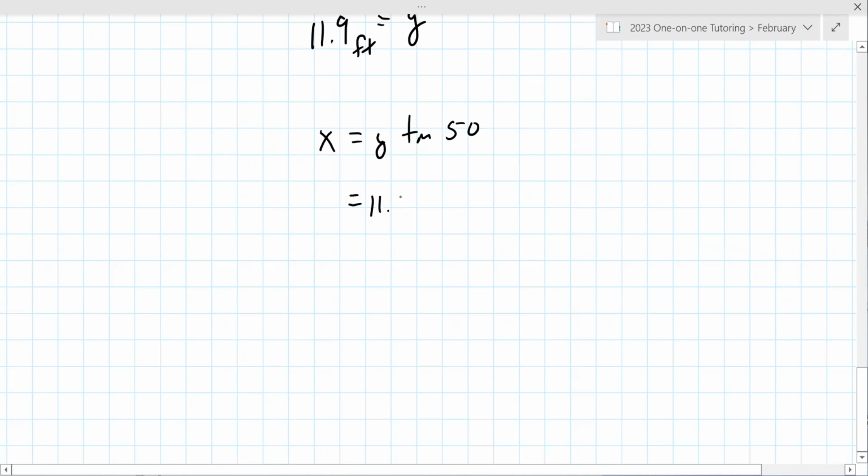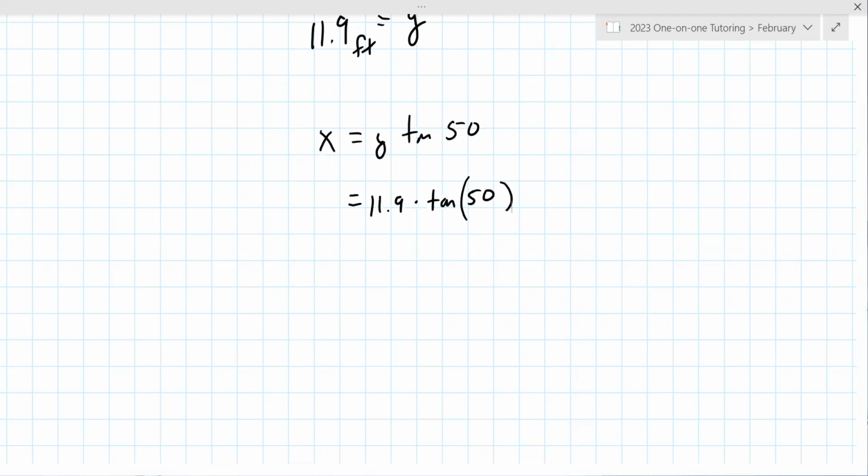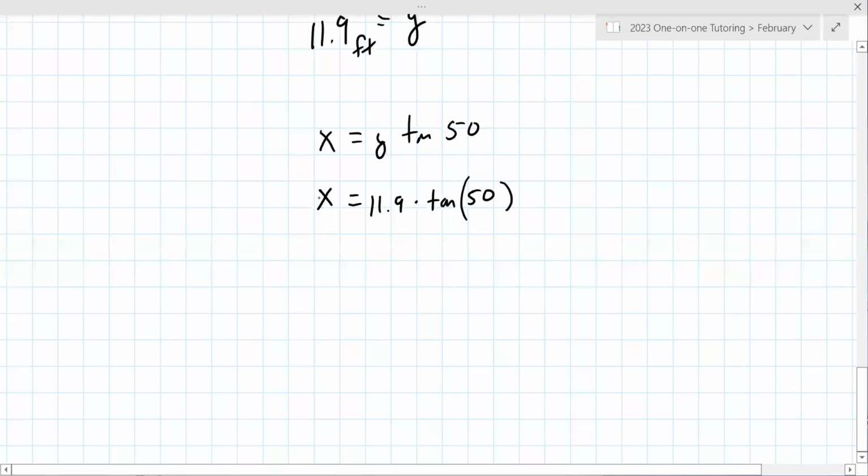And so it's 11.9 times the tangent of 50. There's nothing more to do. It's not a more complicated formula. I think maybe I divided instead of multiplied. Yeah, you divided. So 14.2. Yes. Feet.